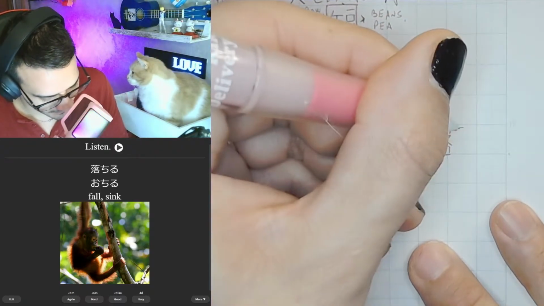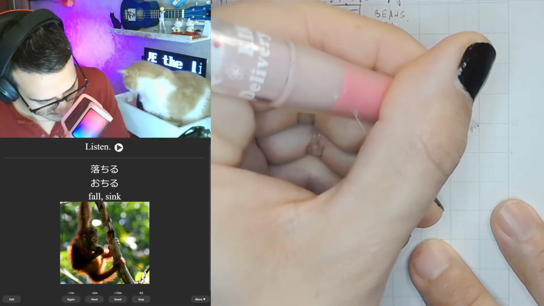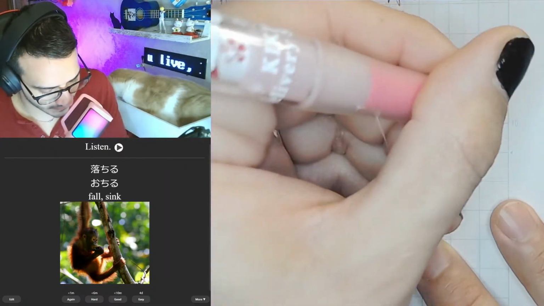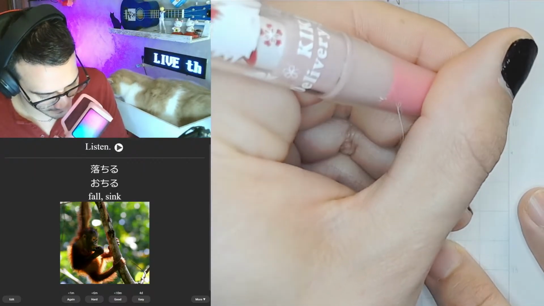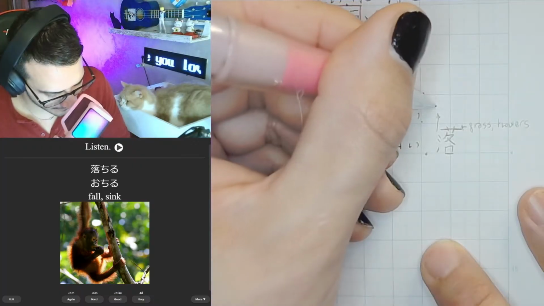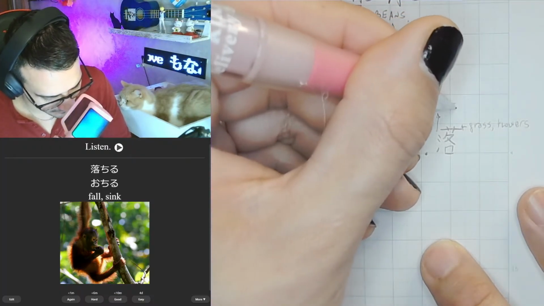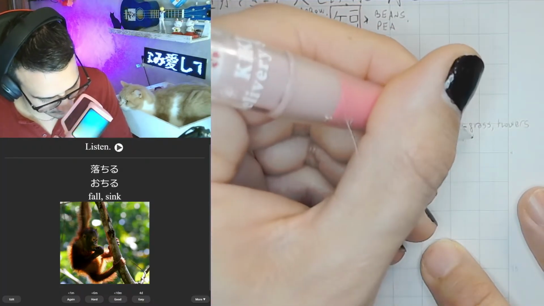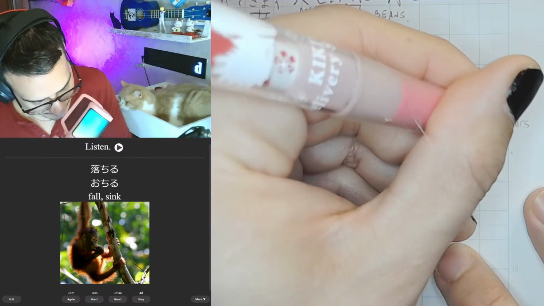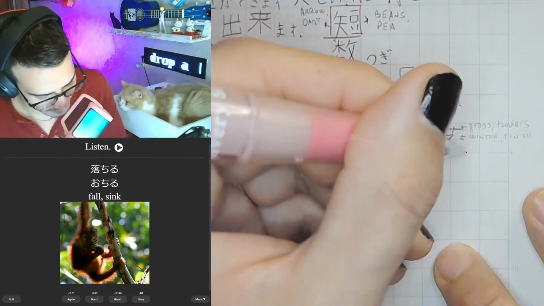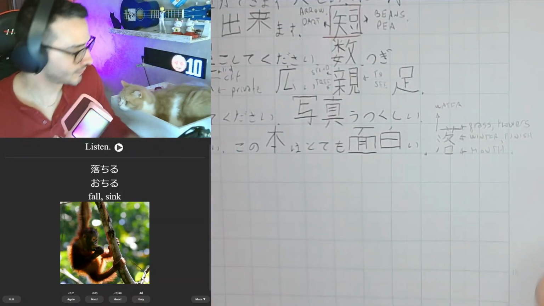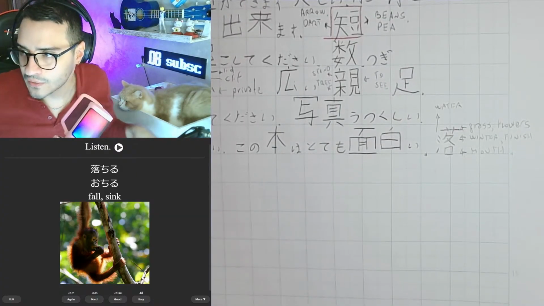So grass or flowers, water, winter or finish, and mouth. New flashcard, ochiru.